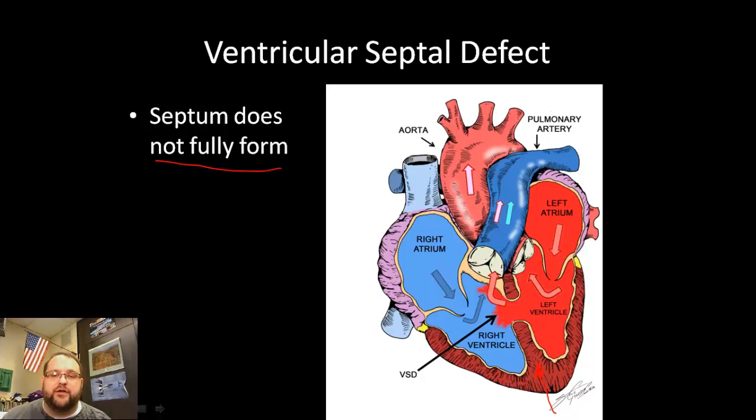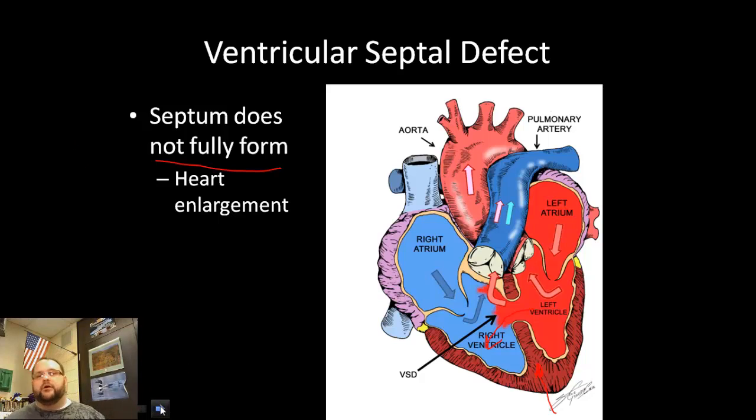So blood is free to rush over from the left ventricle into the right ventricle, and usually it rushes this way because this ventricle pumps much more strongly. There's more pressure here. That causes the blood to rush into there, and this can actually cause heart enlargement. It can cause the heart to become enlarged, which is quite dangerous.